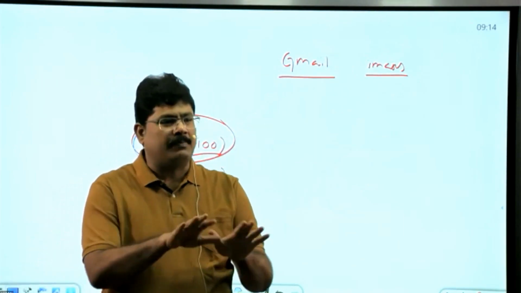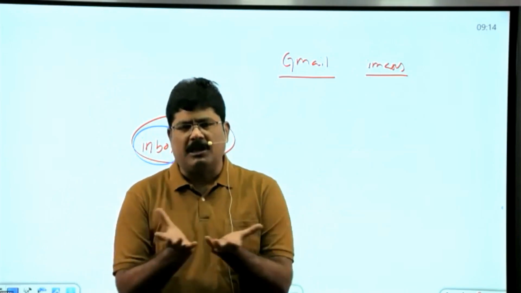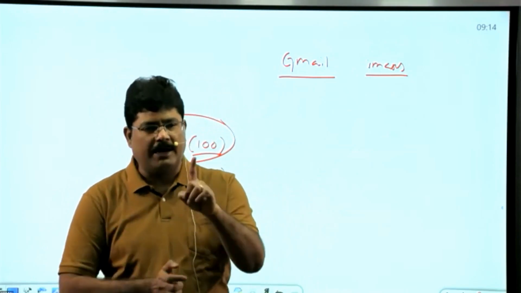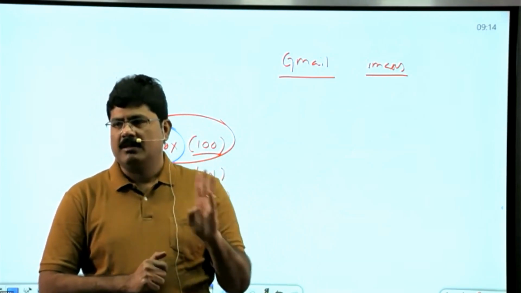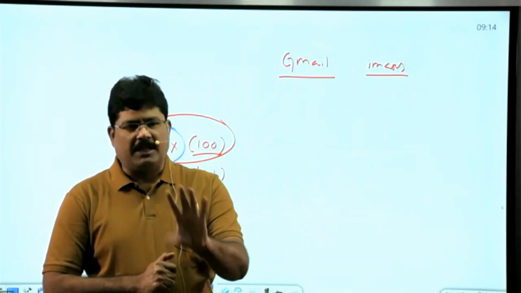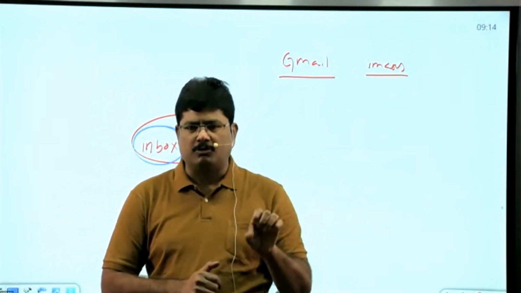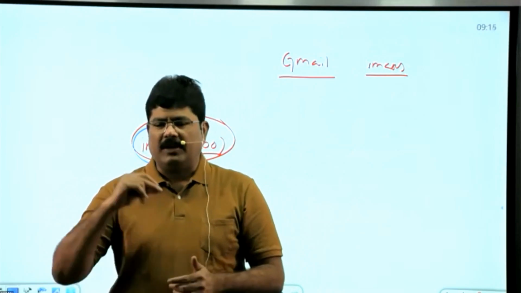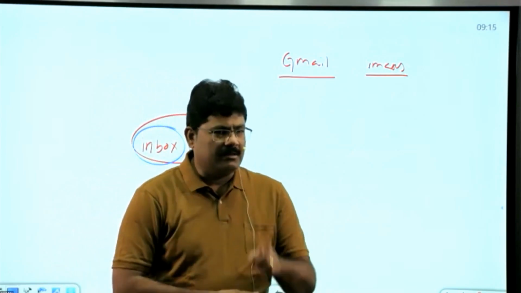What did the Selenium development people do while developing the software? They considered the mostly used properties for finding an element: ID, name, sometimes class name, sometimes tag name. If it is a link, either link text or partial link text. These are the most used properties given. If the user really wants to use some other properties to identify the element, they have given one option.